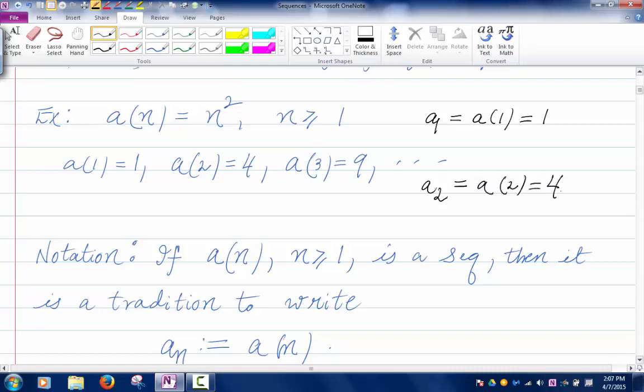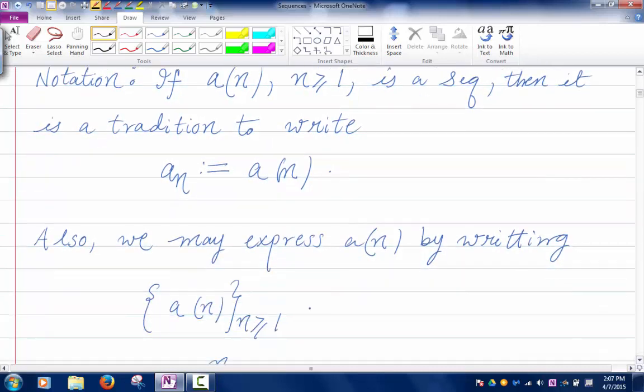So instead of using parentheses to write the input, you write the input as an index. Is that okay? That's a traditional notation people use in order to express a sequence.